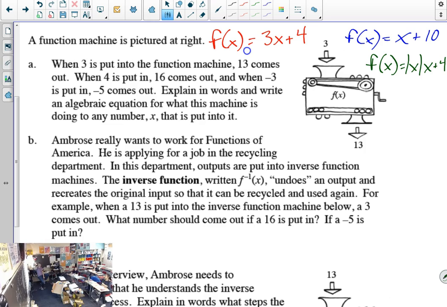It also works for green. Input value: 4 times 4 is 16 plus 4. So this one's out. This one is still working right now. Negative 3 goes in, negative 5 comes out: negative 9 plus 4 equals negative 5.